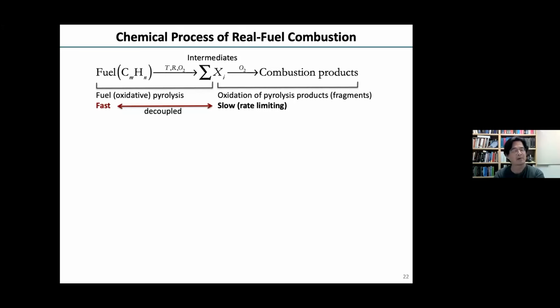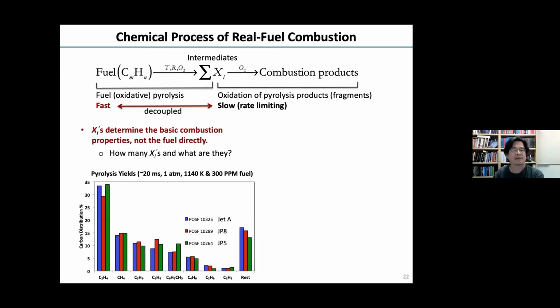If I'm way off, off by a factor of 2 in fuel pyrolytic rate, so rather than 20 microseconds of dissociation time it's 10 microseconds, your total error in the overall ignition delay time prediction is simply a few percent, okay? So the point here is, this first part, you can simplify it. The second part, you have to treat it very carefully. What it translates into is the following.